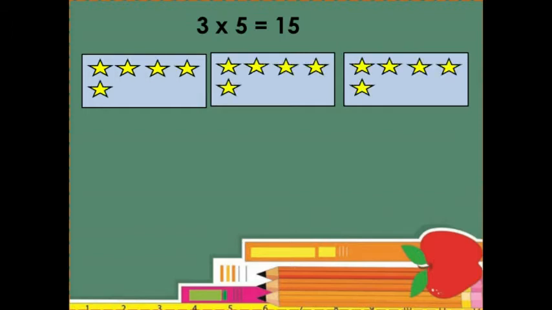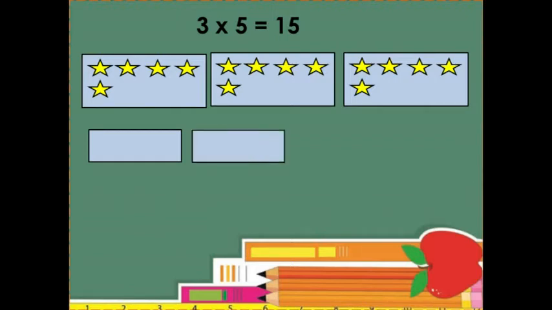So we draw 5 stars in each box. That is the first way on how to draw an illustration using the multiplication sentence. Or another one is we can draw 5 boxes.